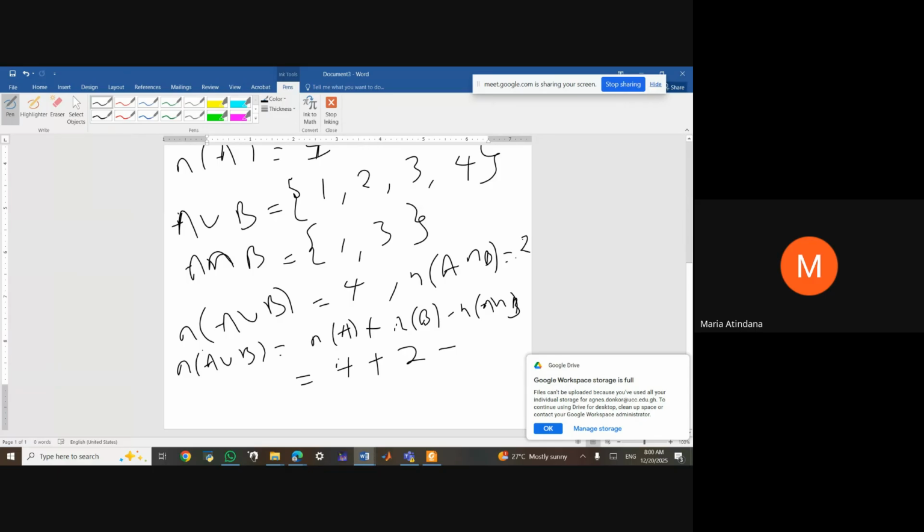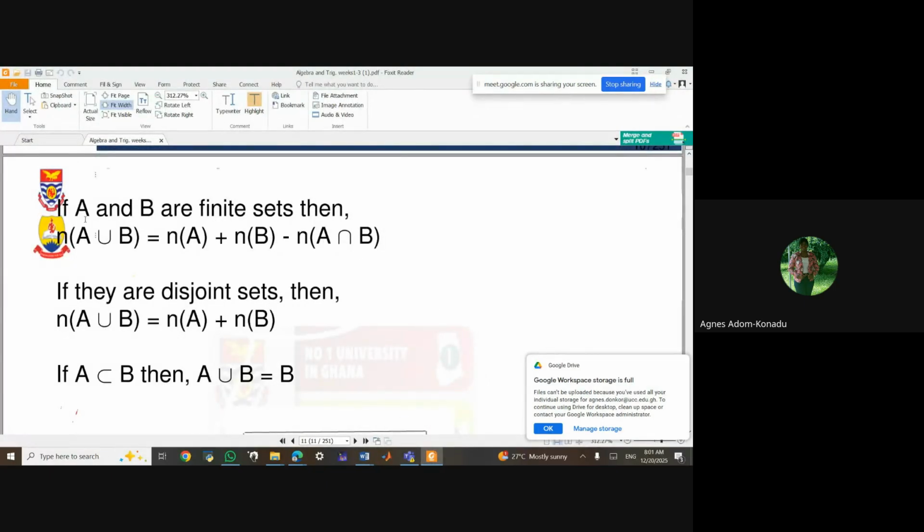So 4 plus 2 minus 2 gives 4. The number of elements in A union B is also 4, so 4 is equal to 4. So this is correct. If they are finite, then the number of elements in A union B is equal to the elements in A plus the elements in B minus the elements in their intersection.